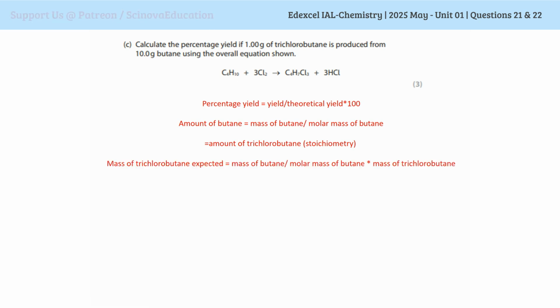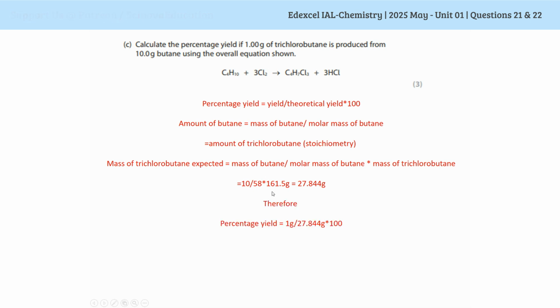So apply the values, and using this equation you can get the mass of chlorobutane expected. Then we will get that you are expecting a mass of 27.844 grams of chlorobutane, but here in the question it says you are getting only 1 gram.